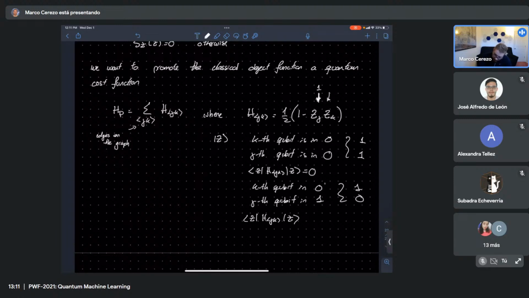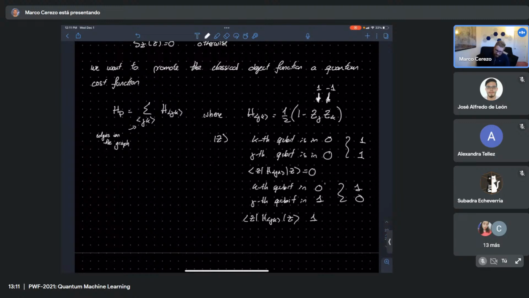Here, the expectation value of z over 1, which is minus 1, right? So now these two terms are going to add up, and this is going to give me 1. So whenever I have elements that belong to different sets, now this is different than 0. And you can see how this local term is checking if the clause is satisfied or if the clause is not satisfied, which is precisely what we want.